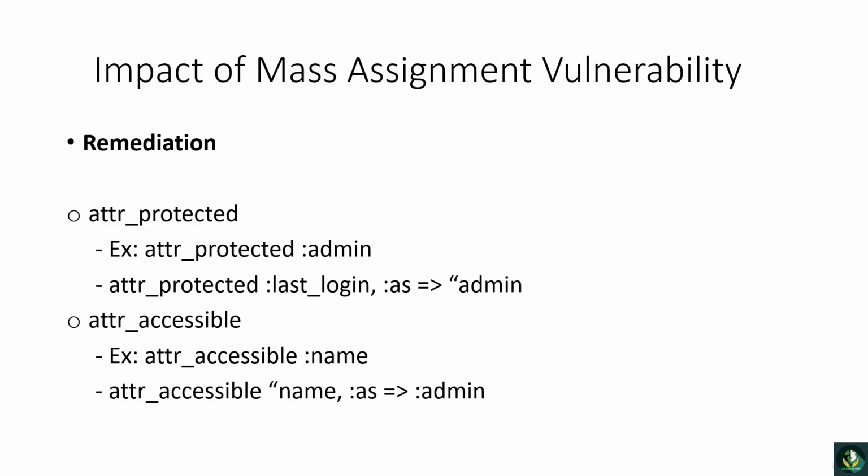The attr_protected method requires a list of attributes that cannot be accessed for mass assignment. To set up protected attributes, you must assign them individually, as shown here: attr_protected :admin and attr_protected :last_login, then it is set to as admin.